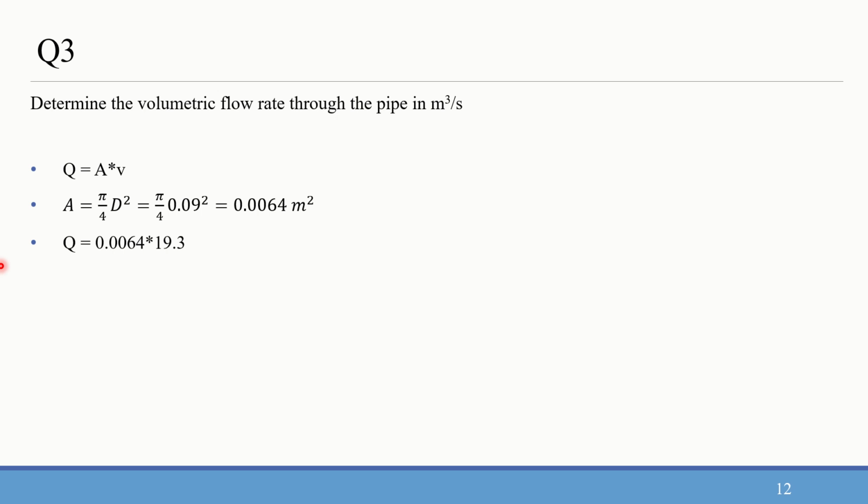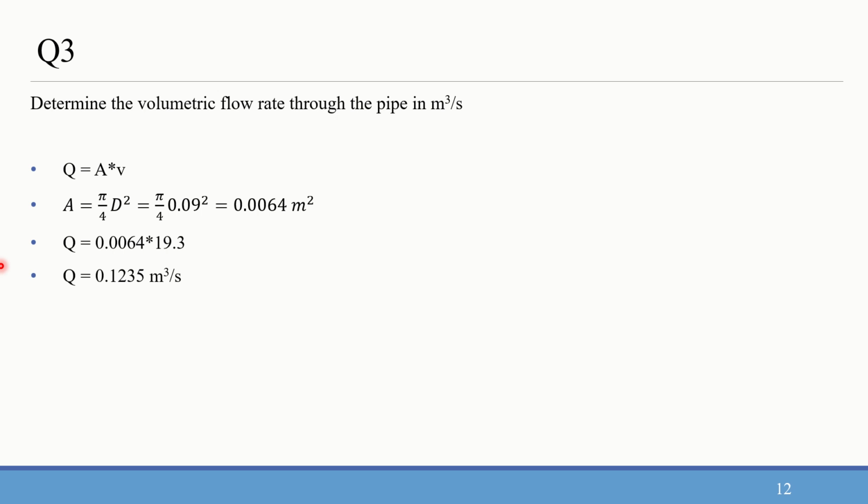So now we are substituting: Q is equal to A into V. Here A is 0.0064, V is 19.3. So it is 0.0064 into 19.3, which will give us 0.1235 meter cube per second.